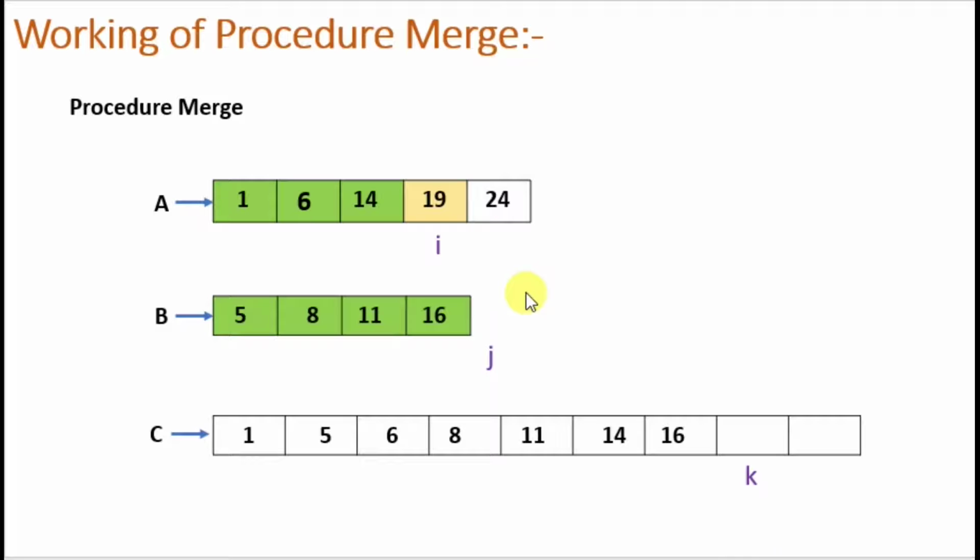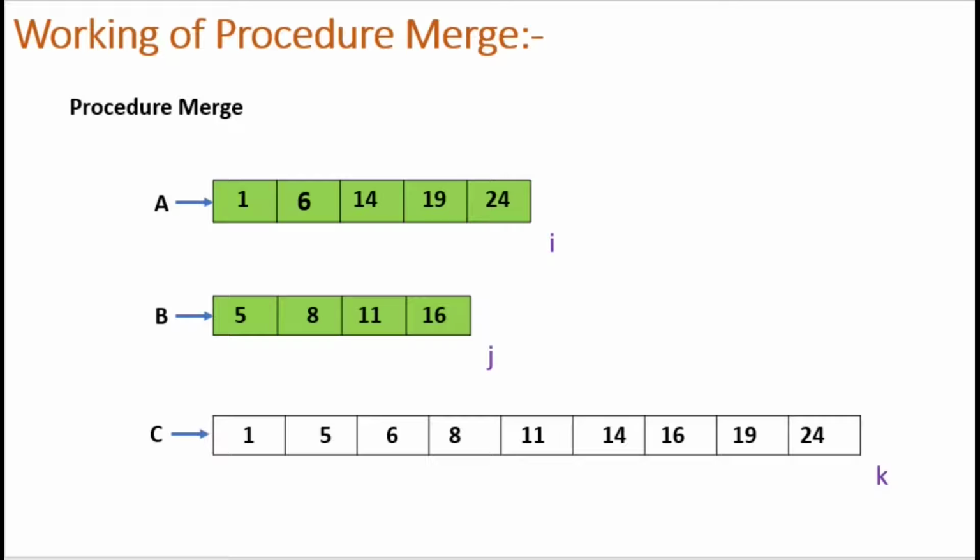Here we can see that all elements from B are finished, but there are still two elements left in array A. So in this situation, we will simply copy these remaining elements into our final array. Here I have copied 19 and 24, which were the remaining elements, into our final array C. Similarly, K will also get incremented.